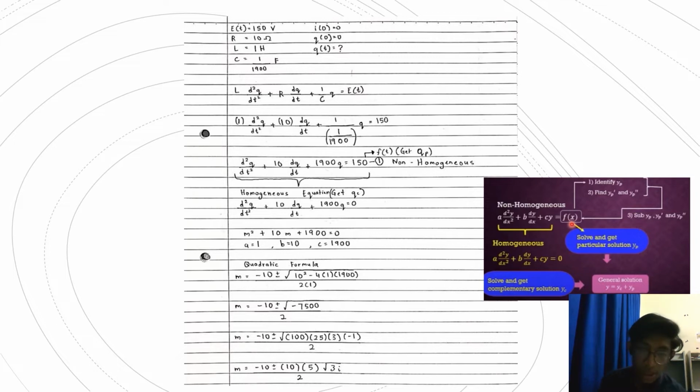We get a equal to 1, b equal to 10, c equal to 1900. Using the quadratic formula, which is negative b plus minus square root of b squared minus 4ac over 2a, we get m equal to negative 10 plus minus square root of 10 squared minus 4 times 1 times 1900, over 2 times 1.